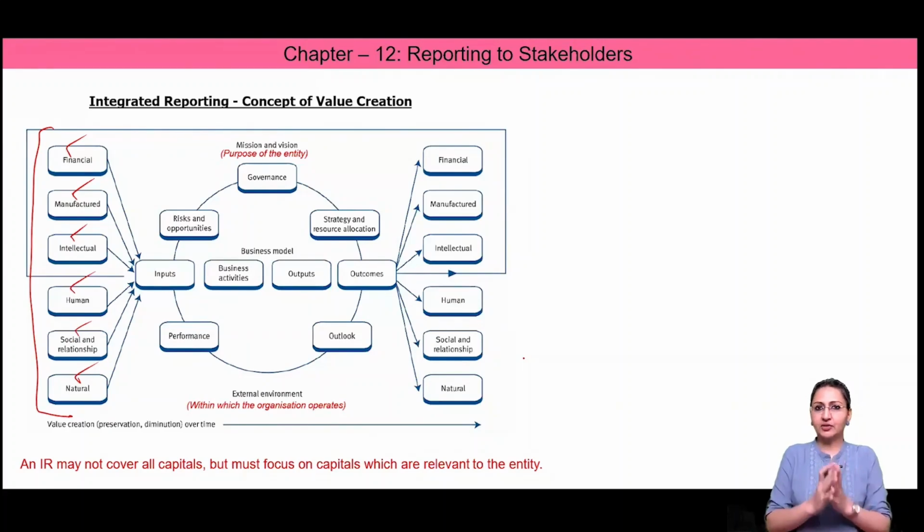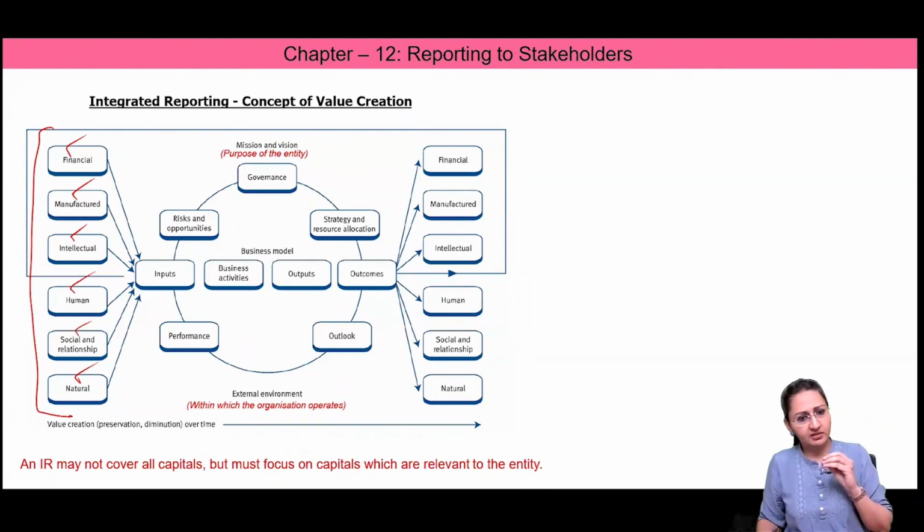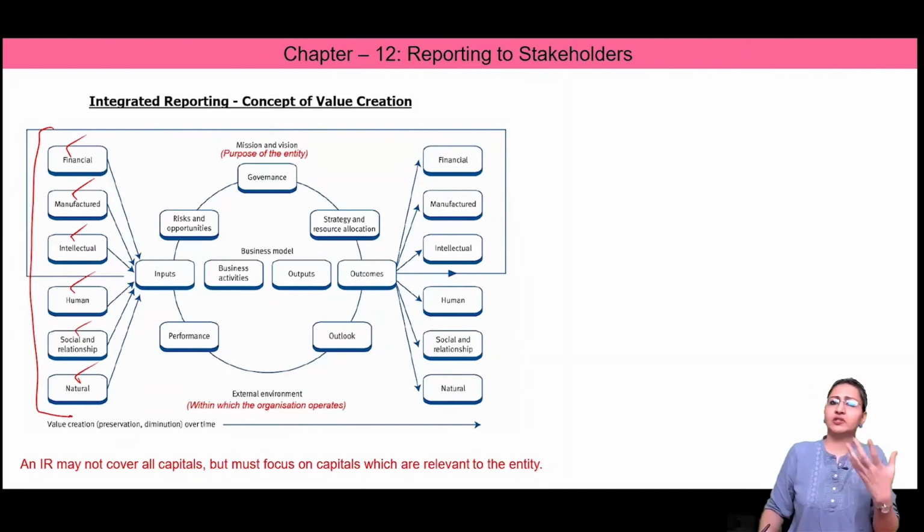The interrelationship between these capitals is clearly defined in the integrated report. For a business, what will be the financial capital? How much capital is borrowed by the company? Whatever amount is right now available with them, whatever amount is needed by them. Giving details about the financial numbers.